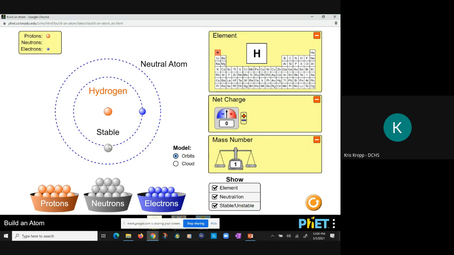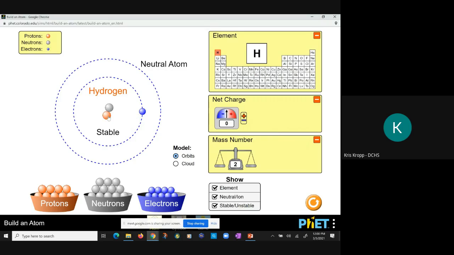What happens if I add a neutron? Now I have one of each particle there. So one proton, one neutron, one electron. There's no net charge because I have an equal number of plus and minuses.